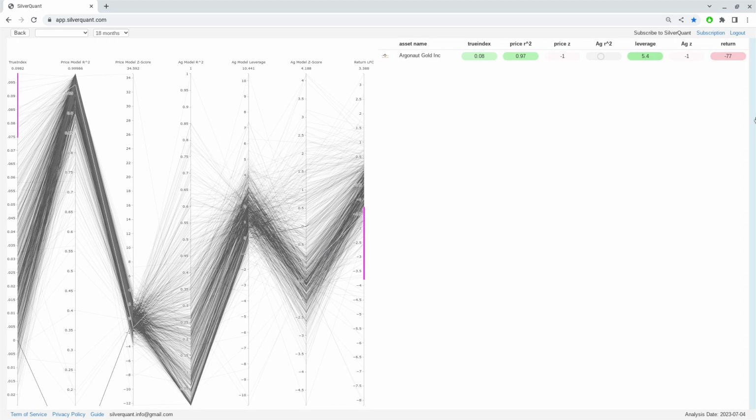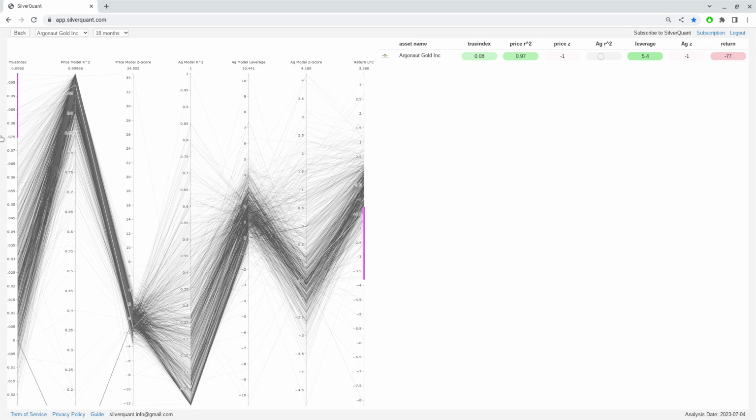Now, please be aware, this is the traditional percentage change, not the funny log fold change value. The reason is because they're not displayed on a number line, we don't really need the log fold change characteristics here. So let's click Argonaut Gold.